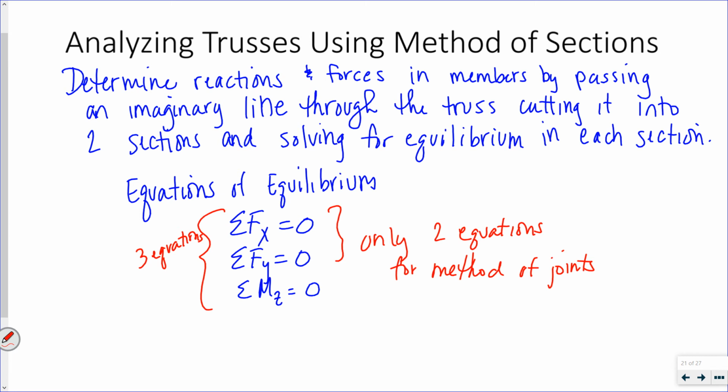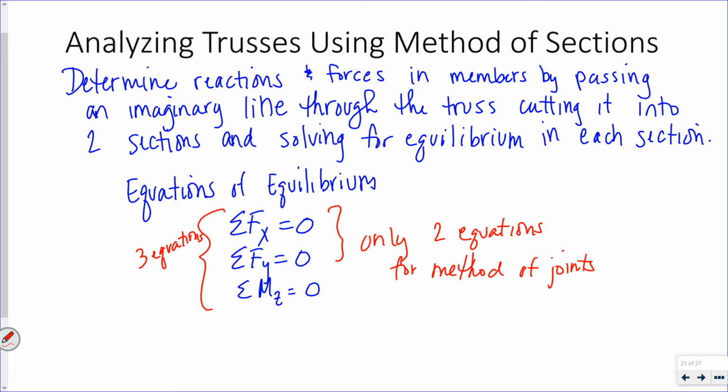So a joint is a pin joint and can only transfer forces. It has no moment. So I only had 2 equations that I could work with because I was looking at a joint on its own, like a point. Now if I'm looking at a larger section, I can solve for global moment, right?